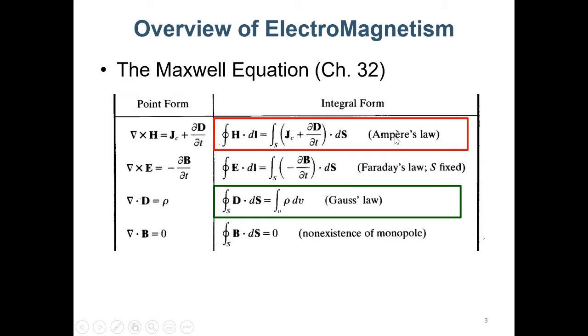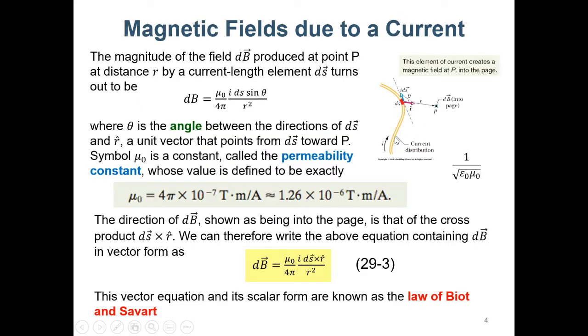So we will talk about Ampere's law in this chapter, but before that, we talk about the magnetic field due to a current. The magnetic field dB produced at point P at distance R by a current length element ds turns out to be like this.